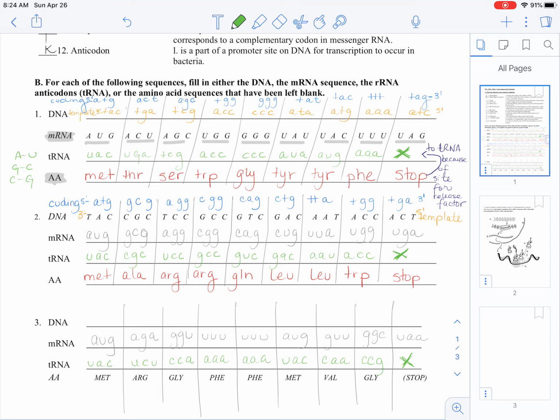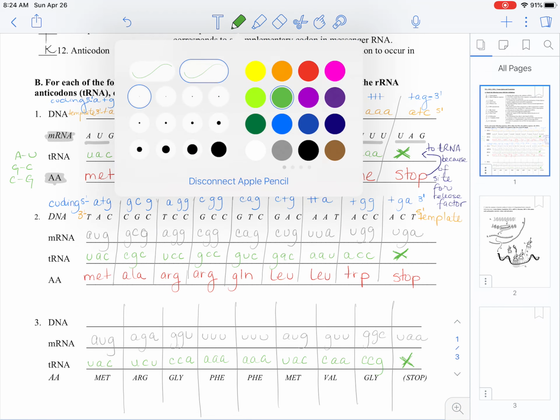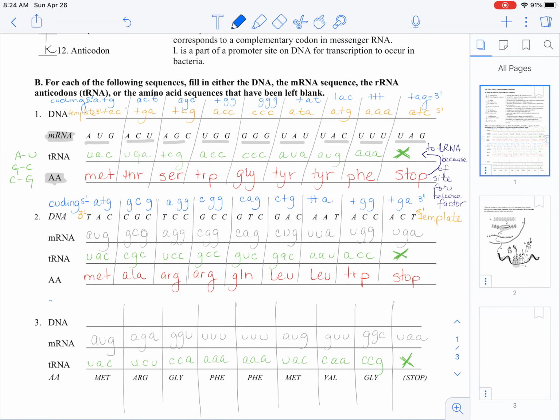Then, since we know the mRNA sequence, out of the two strands, it will be easier to write the coding. And again, that one runs in the 5' to 3' direction. And the coding strand is going to look like the following.